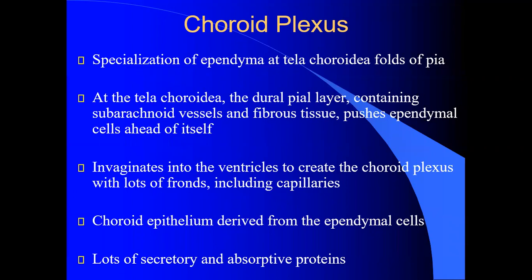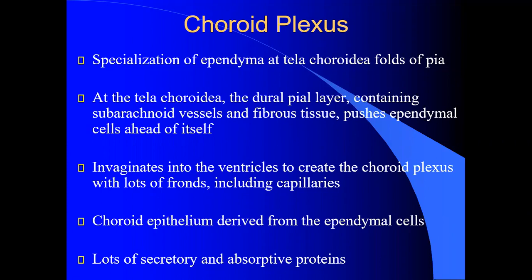Now, how does this happen? Remember, you have these blood vessels, which have now made their way from the arachnoid space. They had basement membrane. If they haven't gotten to the capillary level, they still may have basal membrane. They still may have the glia limitans.